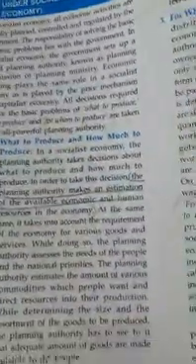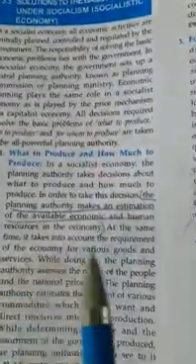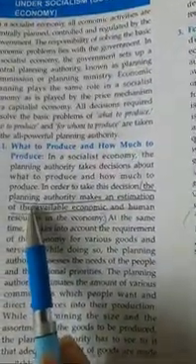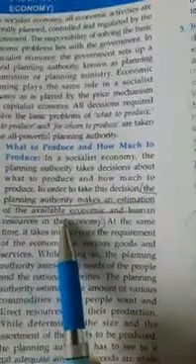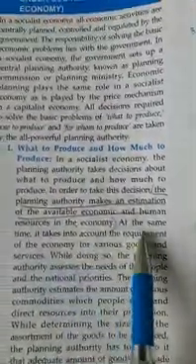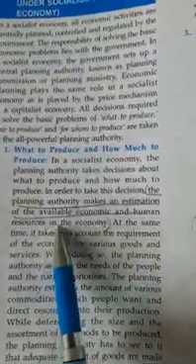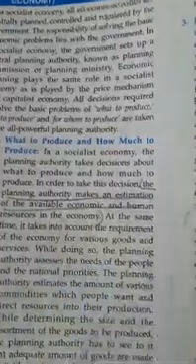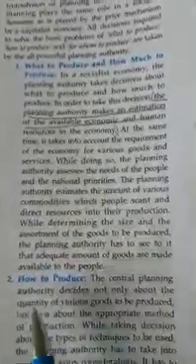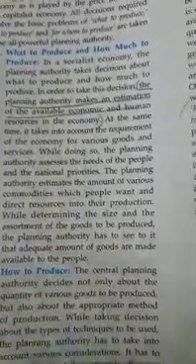Once again I am going to repeat it. In the socialistic economy, what should be produced? The decision must be made by the planning authority with a humanitarian approach, on what benefits the economy and the national interest. जो भी हमारे नेशन के लिए बेनिफिटेड है, हमें वो प्रोड्यूस करना है, और जो हमारे लोगों की सोशल नीड को फुलफिल करे. Then how to produce, किस तरीके से प्रोड्यूस करना है.